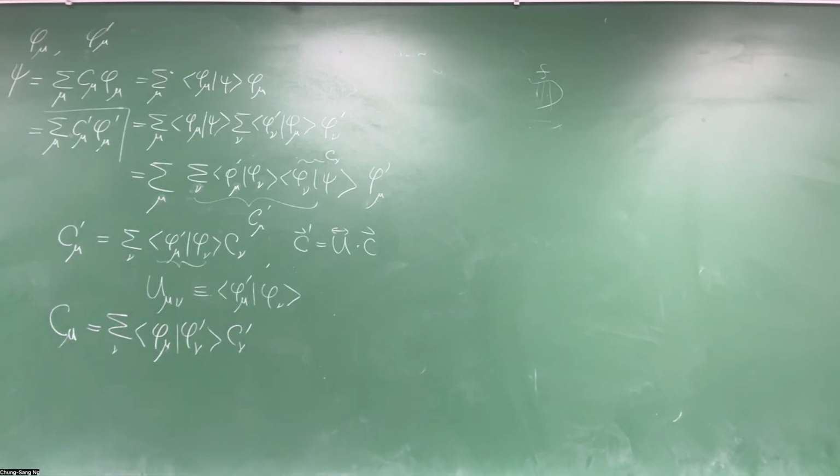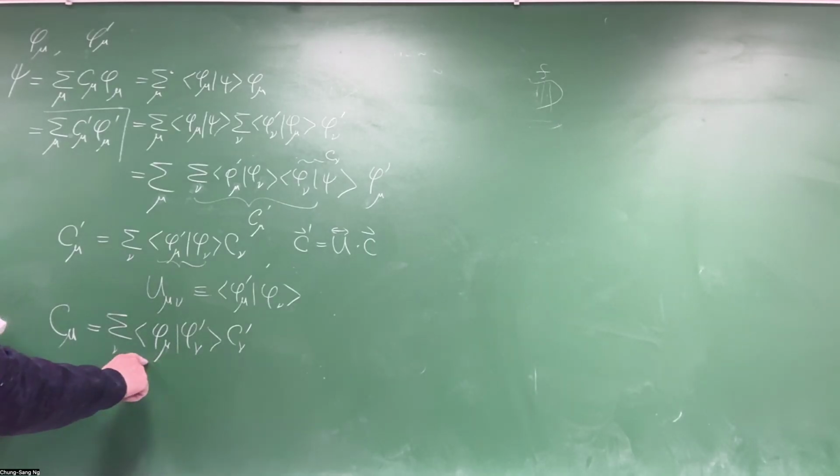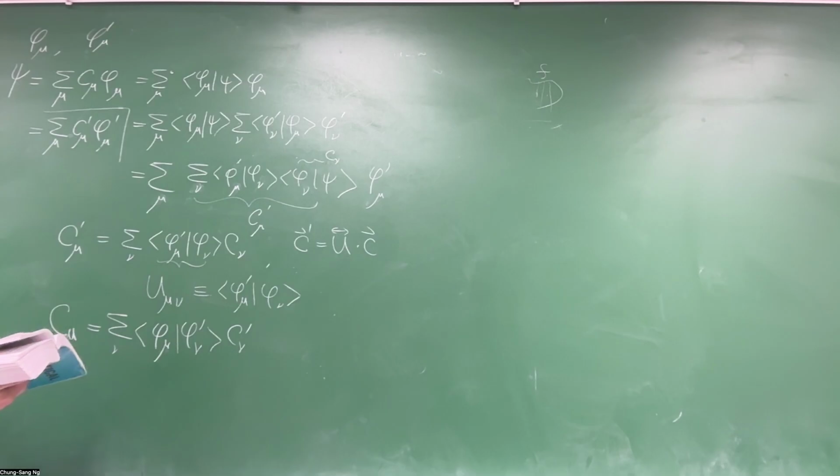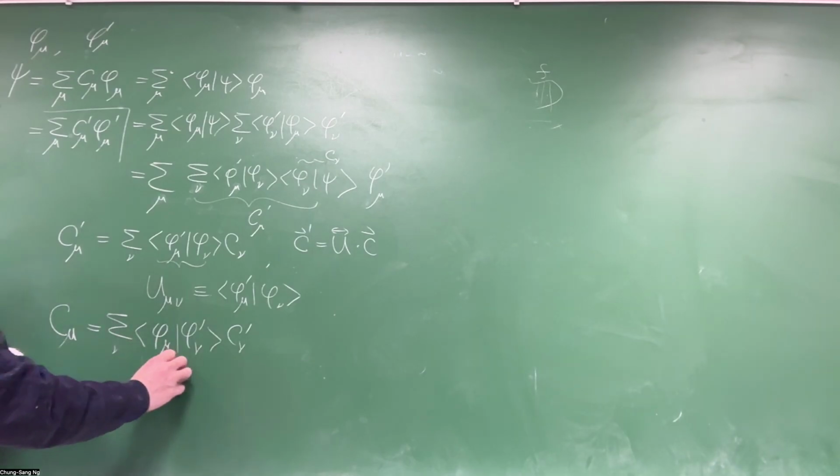Right. And now you have another matrix element, and this you can call V. Whatever, let's just call it V.